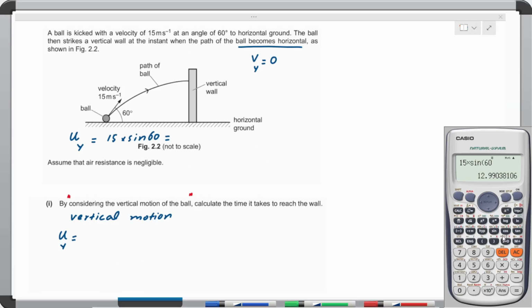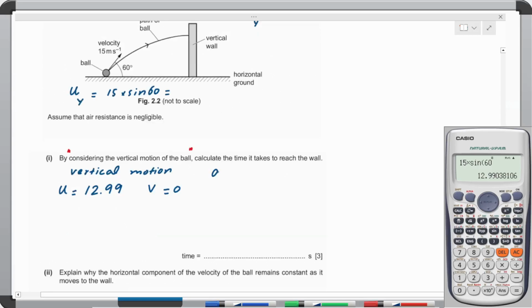And once you find the initial vertical component, you can easily find the unknown value. So for example, we get 12.99, okay? And the final vertical velocity, V, would be 0. Since I've written the caption vertical motion, I'm removing the subscripts, just for the sake of convenience. We need to find the time taken.